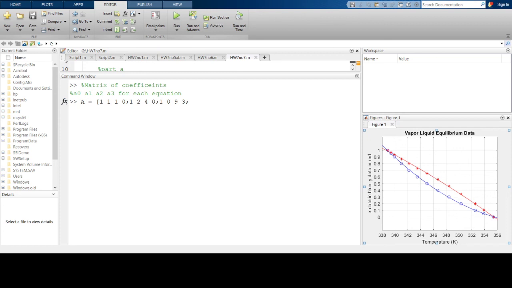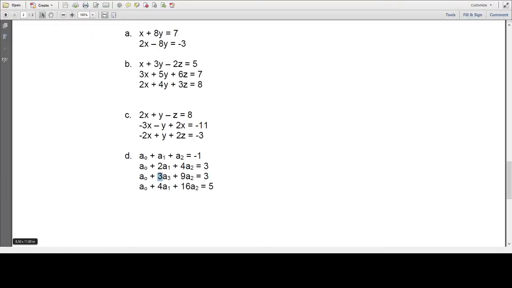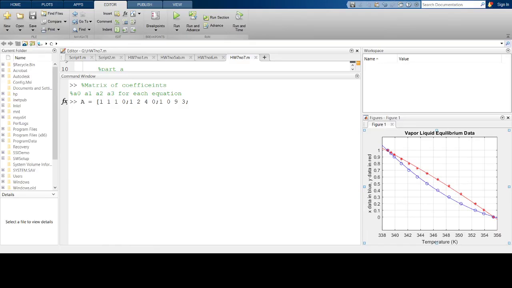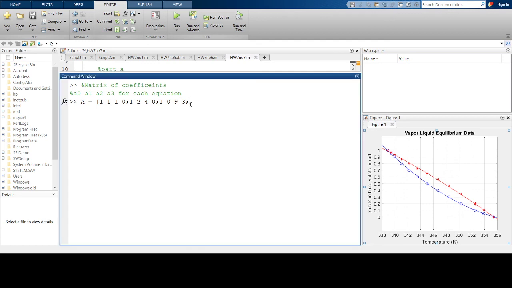For this one, my coefficient for A0 is 1, for A1 is 4, for A2 is 16, and for A3 is 0. So let's write this in MATLAB: 1, 4, 16, 0. So this becomes my matrix of coefficients here.